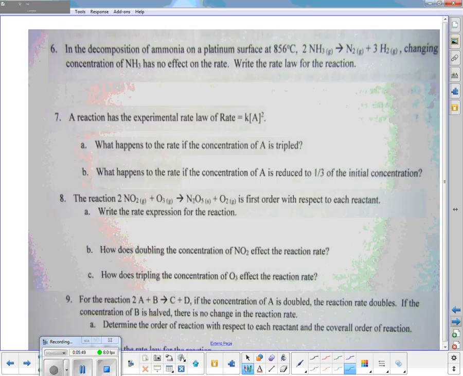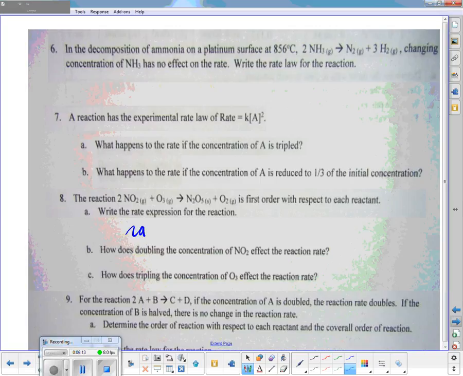Are we not doing 5? I'm not going to do 5 or 6 because you're just writing the rate law again. Same thing on 7. It's just asking you what happens. It's first order with respect to each reactant. So if it's first order with respect to each, what's my rate expression?